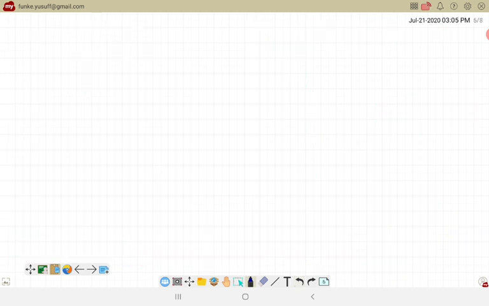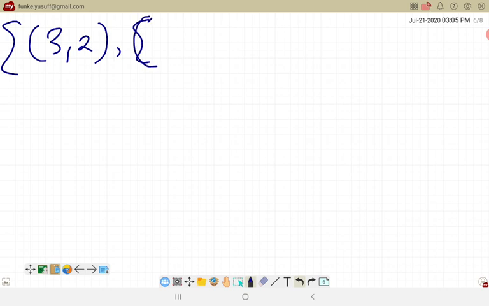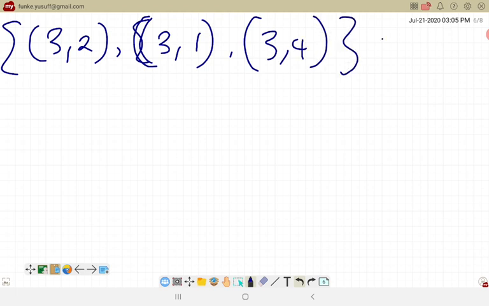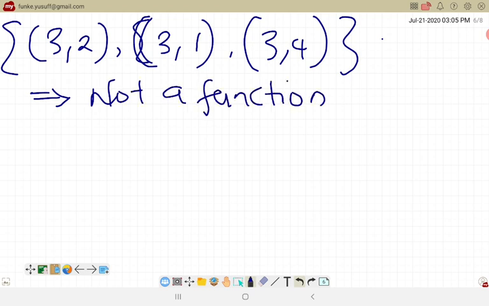Another example, consider the set (3, 2), (3, 1), (3, 4), etc. Now this is not a function. Not a function because the domain is not unique.